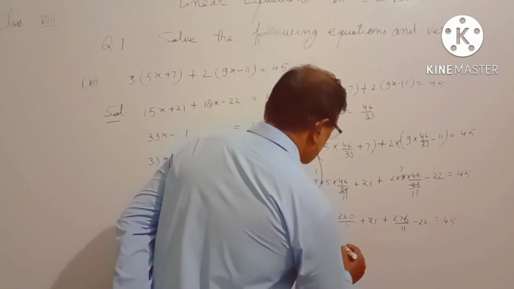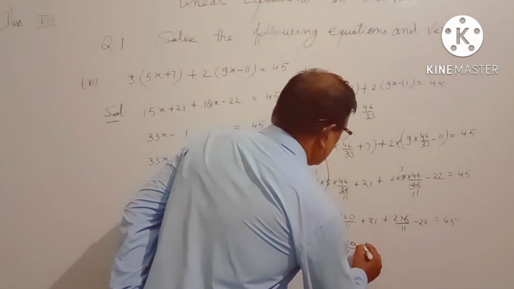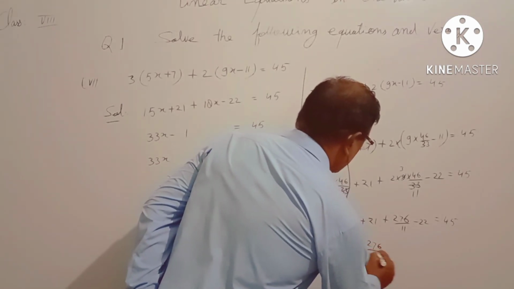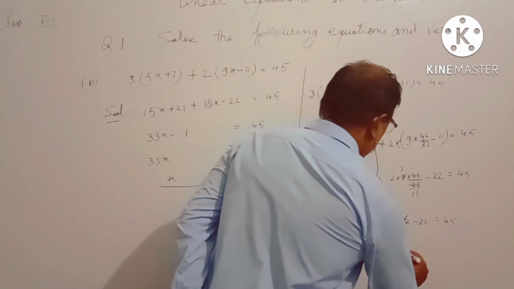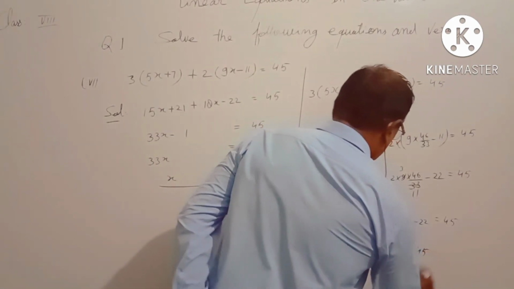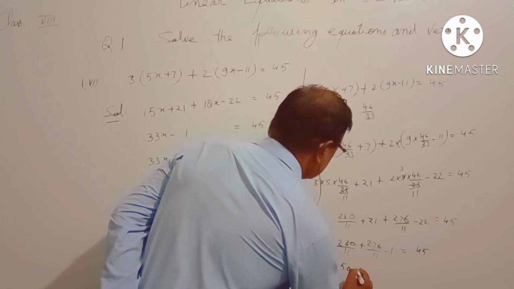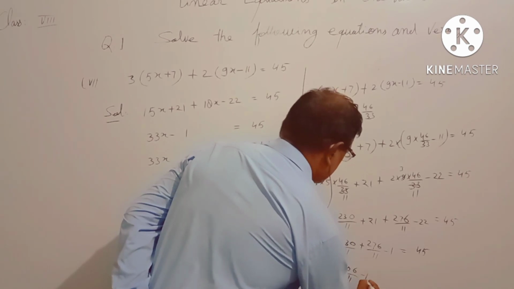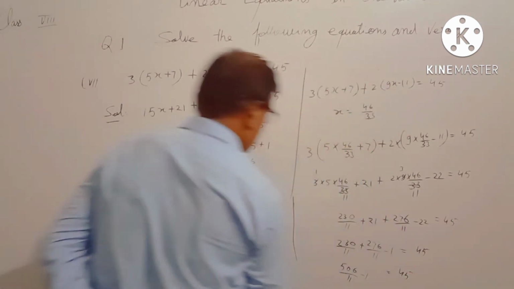Now we see here 230 by 11 plus 276 by 11 minus 1 equal to 45. Now we see here, it is 506 by 11 minus 1 equal to 45.